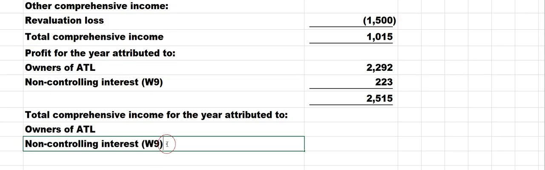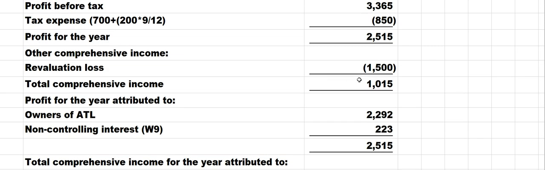Now, the subsidiary has no other comprehensive income, because this revaluation loss is arising from intangible assets of the parent, as per the note.